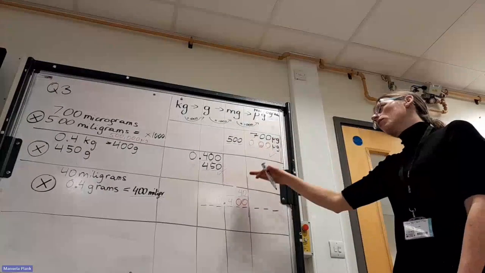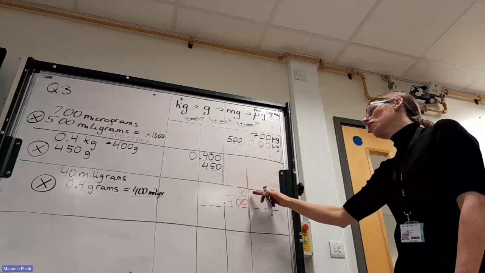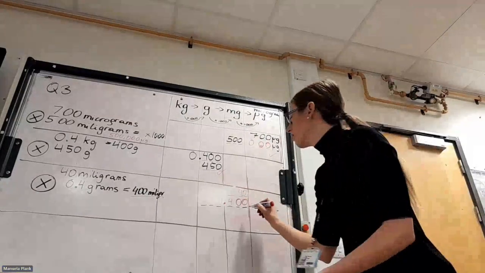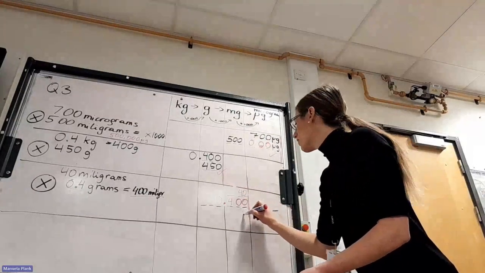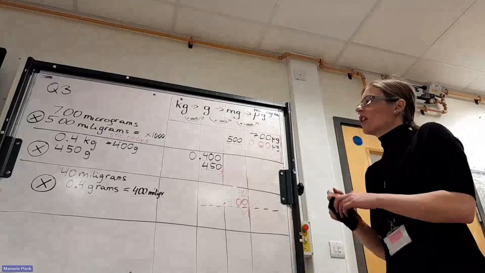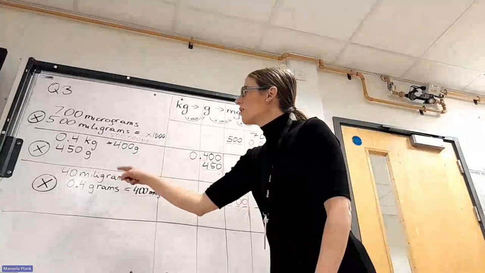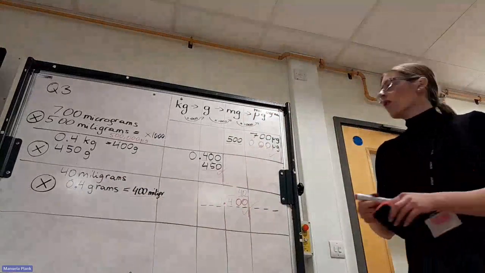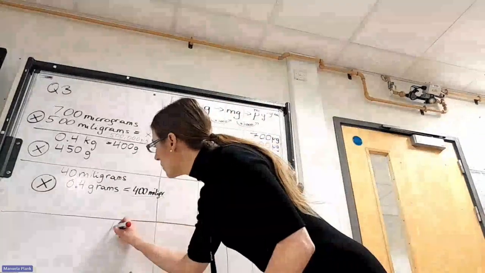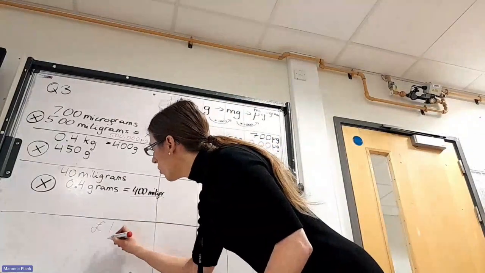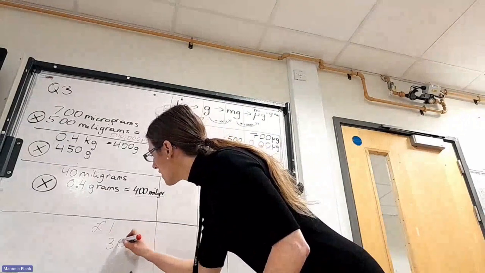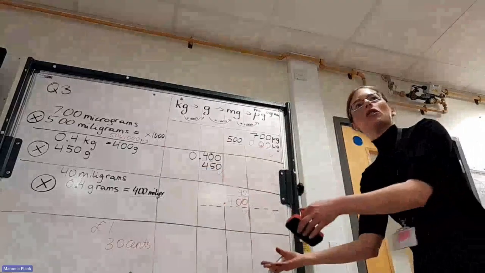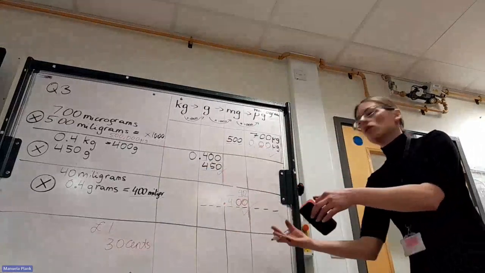Once you have them, you can compare them, because 40 or 400, what's more, is 400. Very good. In order first to understand what is bigger, you need to bring it to the same unit. If I were to tell you what is bigger, 1 pound or 30 cents, you would also not know, because you would need to change it into the correct unit.